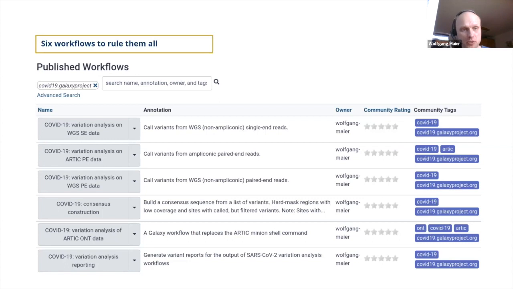So basically the output of the 4 variation analysis flavors is always VCF completely annotated with everything we could find. And then the other 2 workflows are simplified views into that data for better consumption by humans or by public databases. So either consensus FASTA sequence or these tabular reports and plots. And next slide, please.